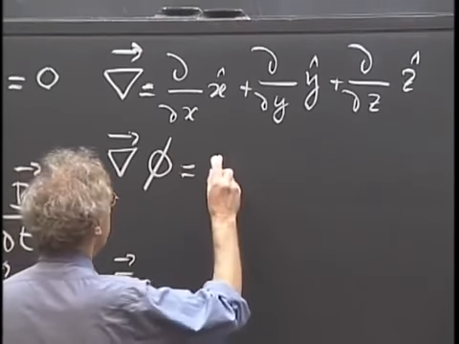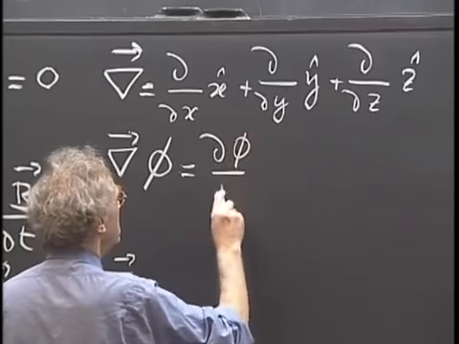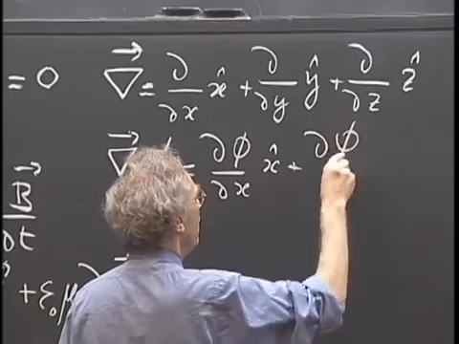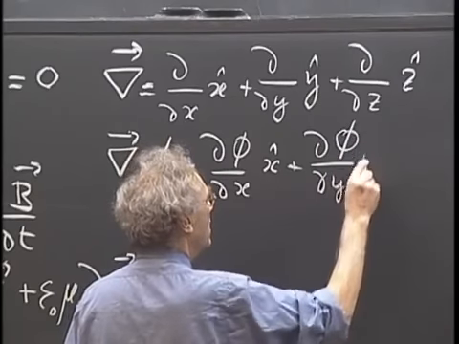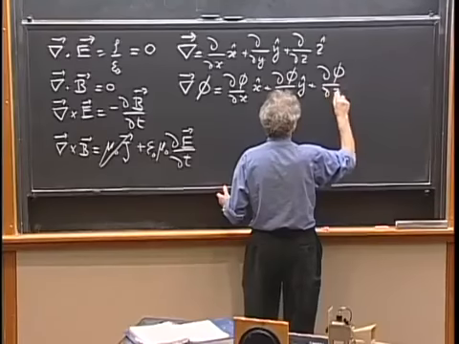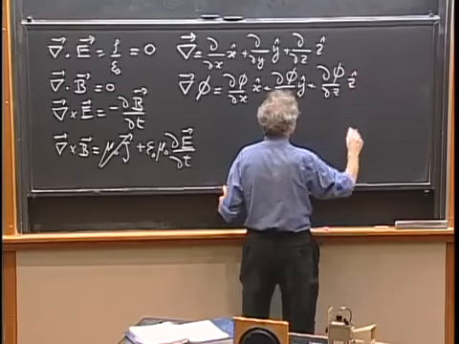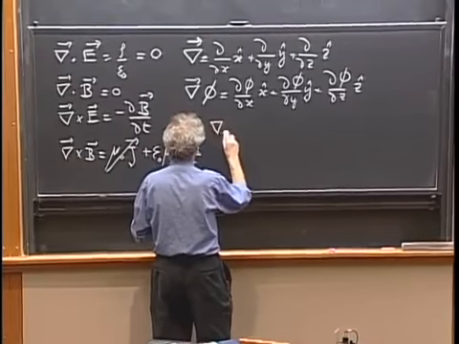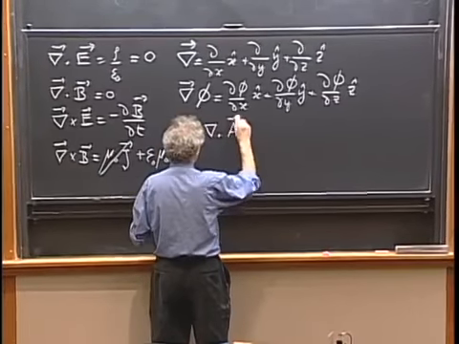That's a vector. That is d phi dx, x roof, plus d phi dy, y roof, plus d phi dz, z roof.